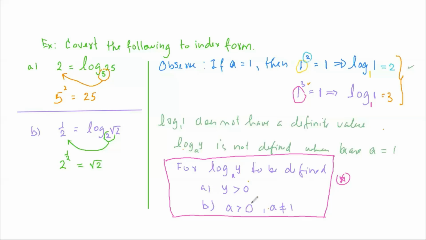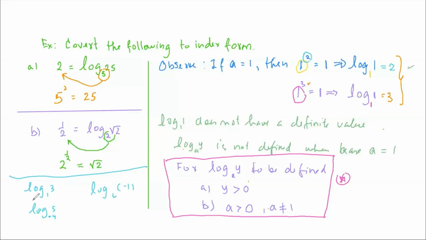Now from this definition, I can give you some examples related to this one. Say if I have log 3 base 1, and also say log 5 base -4, or log -1 base 6.